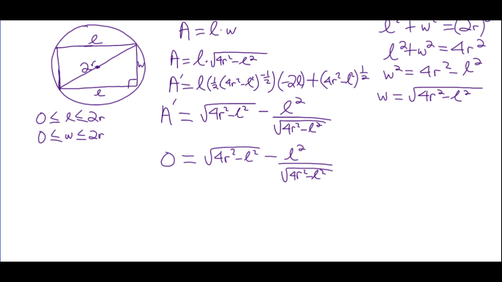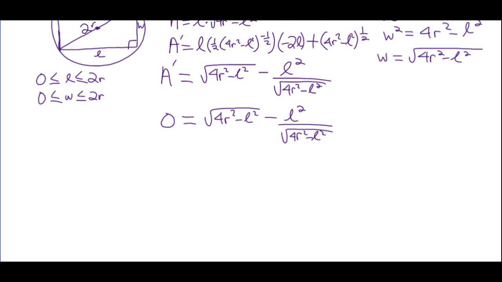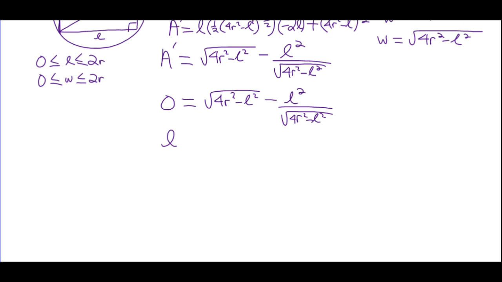Okay, so we're going to set that equal to 0, which means we're going to move the thing that's negative over to the other side. Miracle of miracles, since these guys are the same, when I go to cross multiply, kind of neat, right?